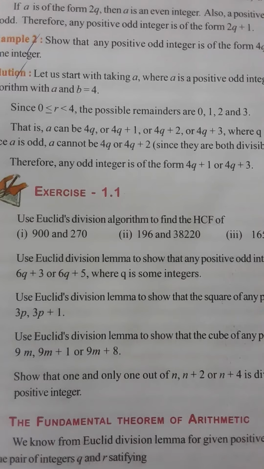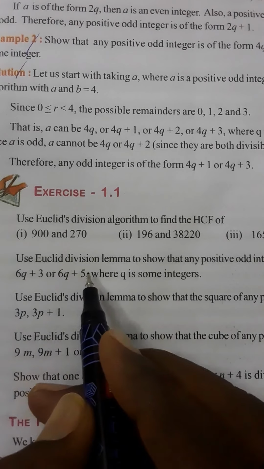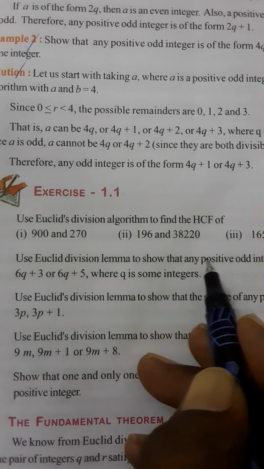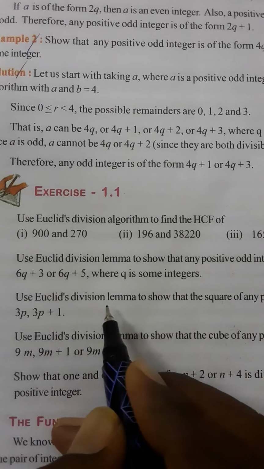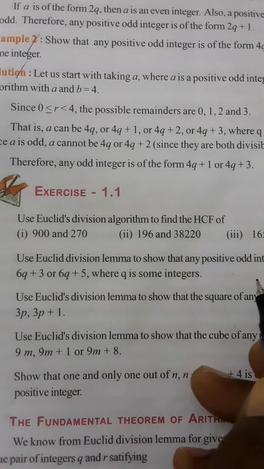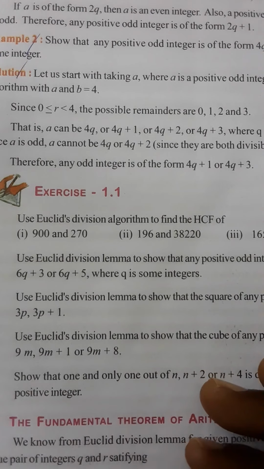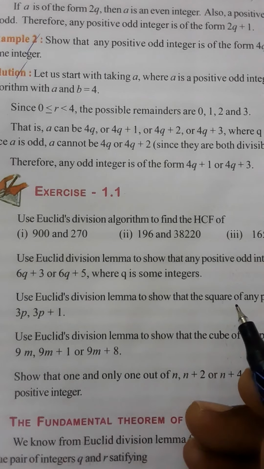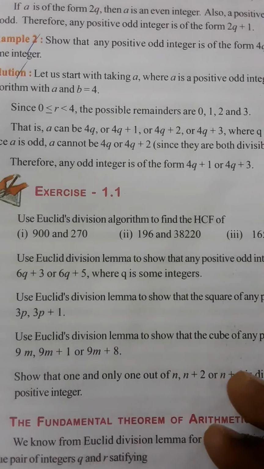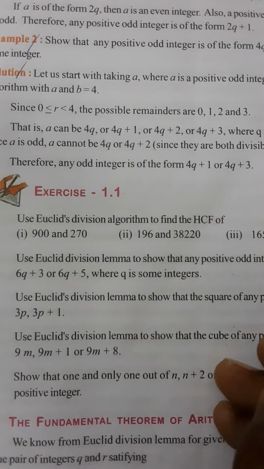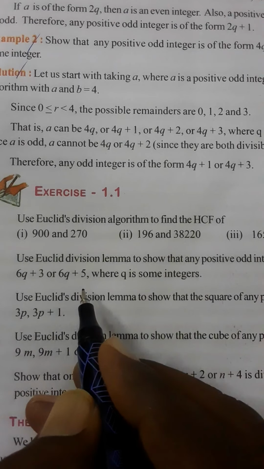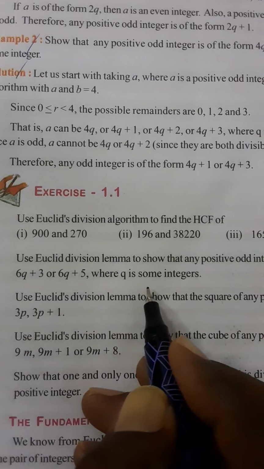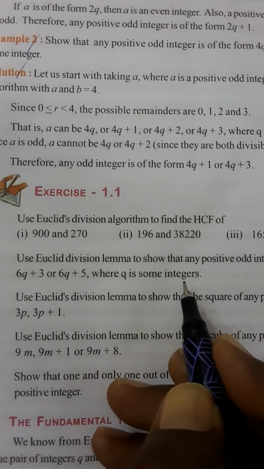Question number 2. Use Euclid's division lemma to show that any positive odd integer is of the form 6q plus 1, 6q plus 3 or 6q plus 5, where q is some integer.